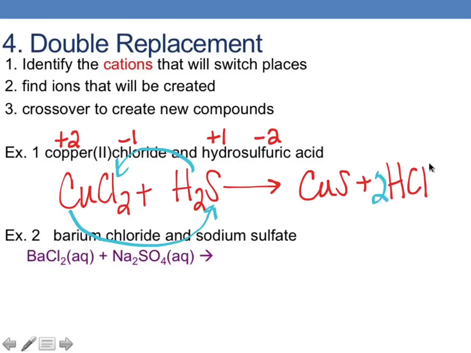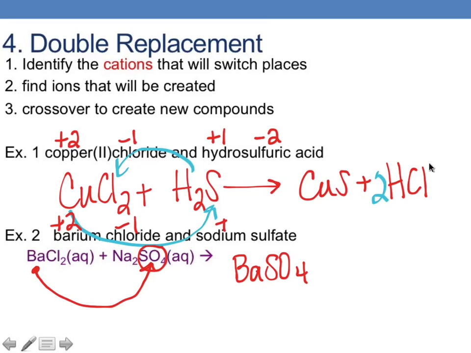Okay? So a couple more examples and then we're done. All right, barium chloride and sodium sulfate. So who is barium going to hook up with now? Sulfate. So we get BaSO4. Barium's a +2, chlorine's a -1, sodium's a +1, sulfate's a -2.